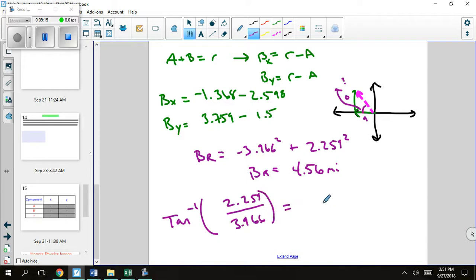And you should end up with around 29.67 degrees. And this is north of west. So overall answer is he went 4.56 miles on this Briar Lane at 29.67 or 30 degrees north of west.